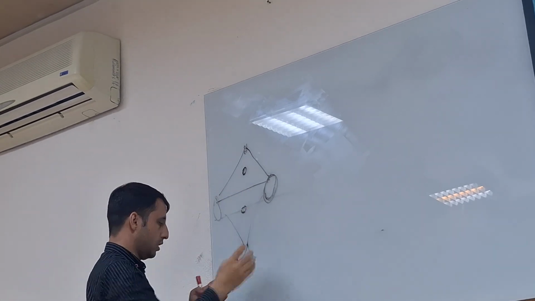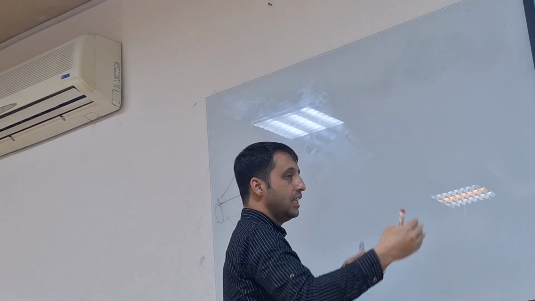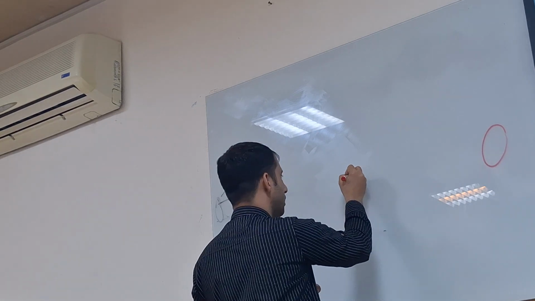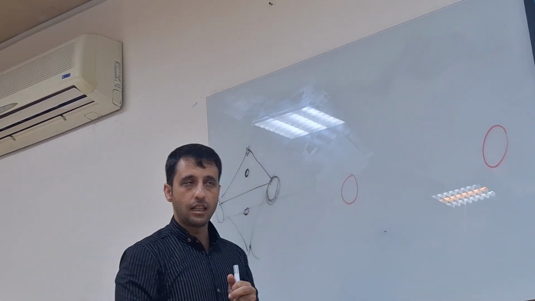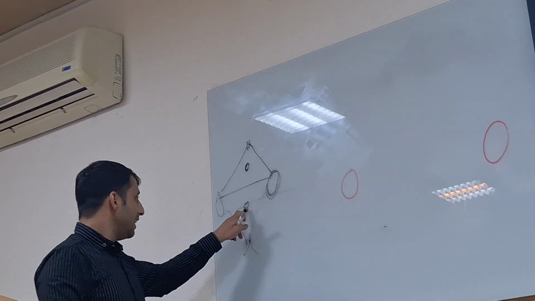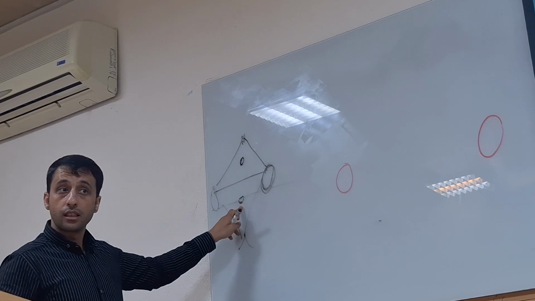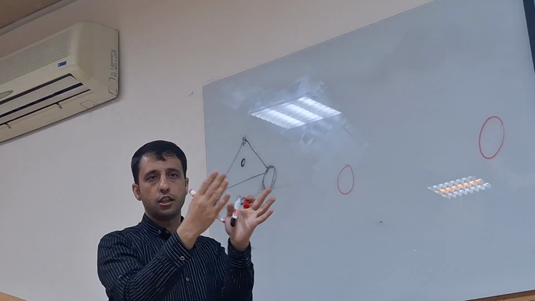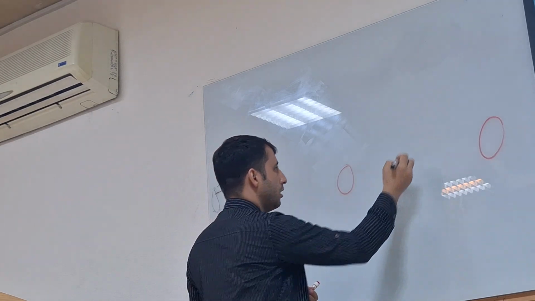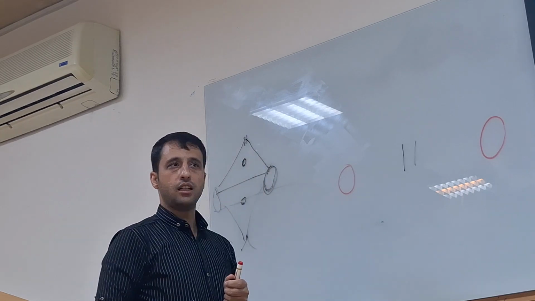So laterally in the coronal section, which structure is located? Laterally I can say the ischial tuberosity, and in the midline I have the anus and anal canal.